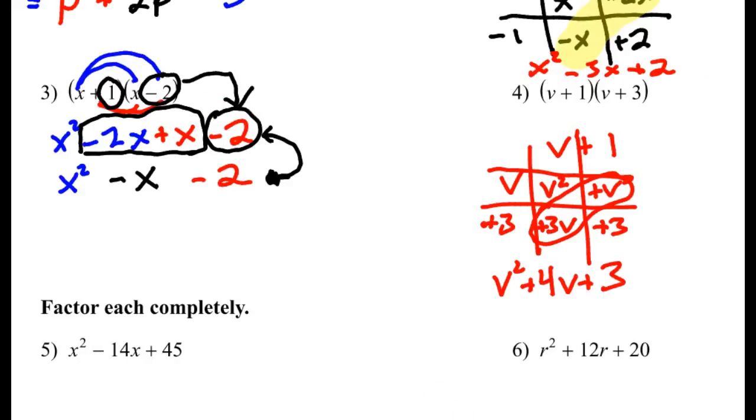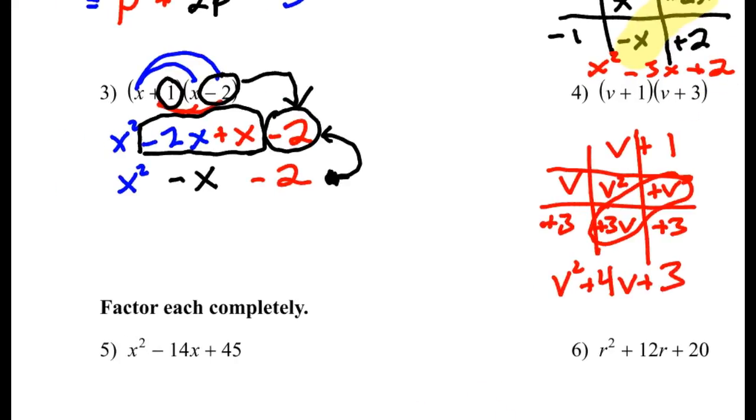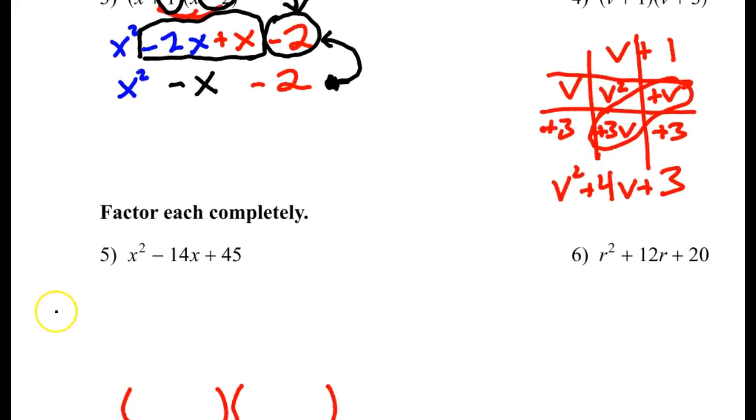So if we're going to reverse that, we need to figure out the right numbers for this to work. So again, what two numbers would multiply to 45? You need two numbers to multiply to 45.